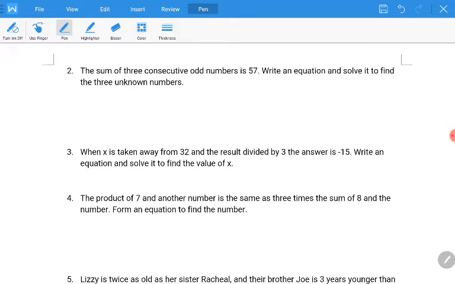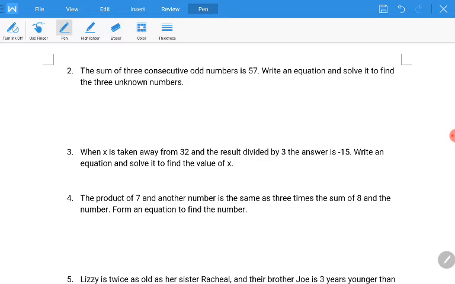Question number 2 reads, the sum of 3 consecutive odd numbers is 57. Write an equation and solve it to find the 3 unknown numbers.